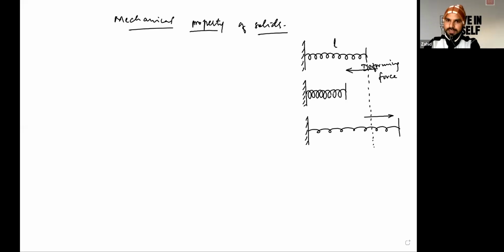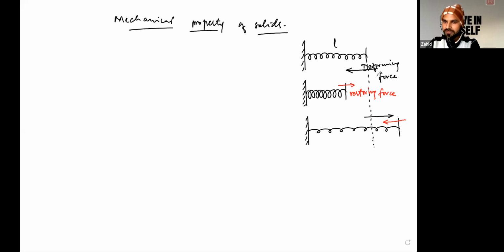Now, there is a tendency of this spring to restore back to its original state. So a force gets developed in it along this direction, which will bring the spring back to its original state. This force is called a restoring force. So we mainly have two different forces.